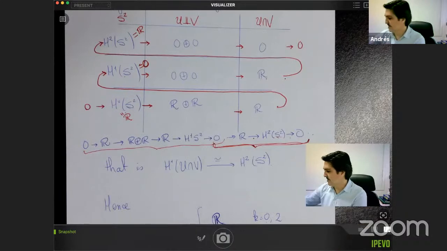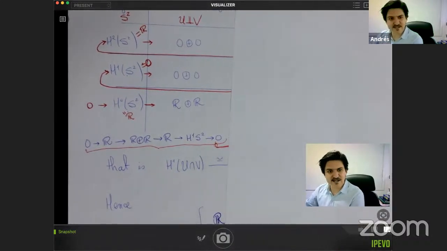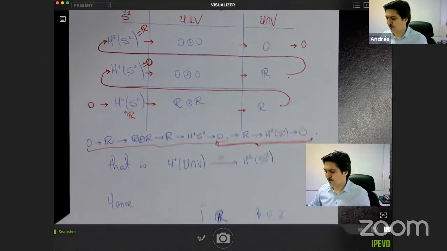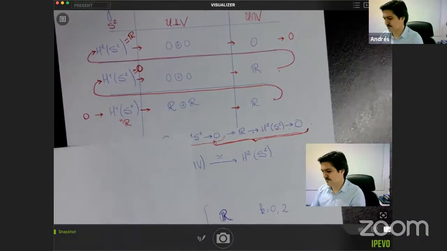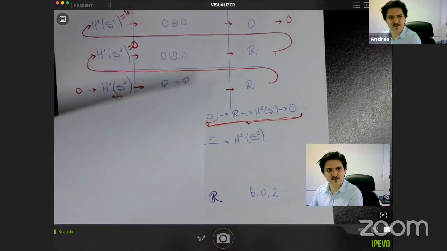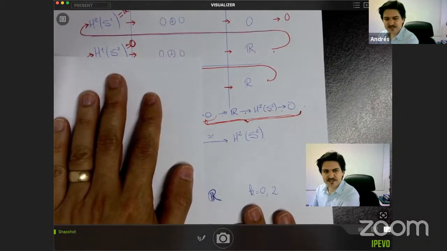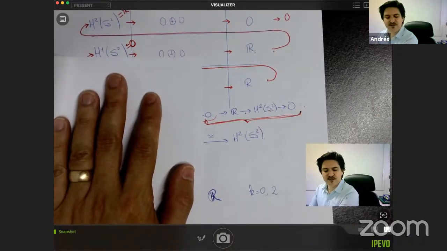So that's why I will have only that exact sequence or that one there. Having a 0 is going to split my sequence.